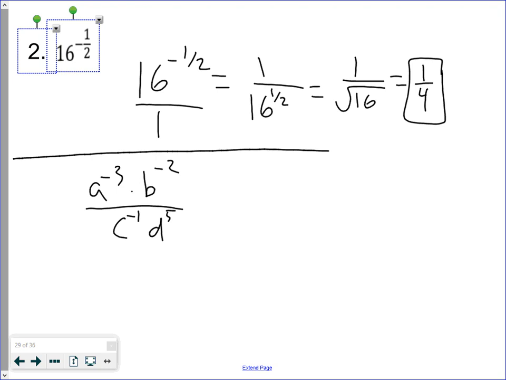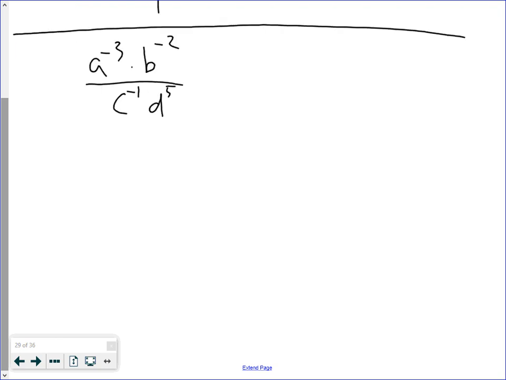If we have a problem like this, all we want to do is take each term individually and move it to the other side of the fraction. The a is going to go to the bottom, the b is going to go to the bottom as well, and the c is going up on the top. So each thing moves independently.